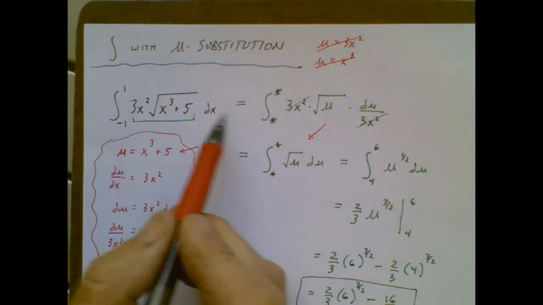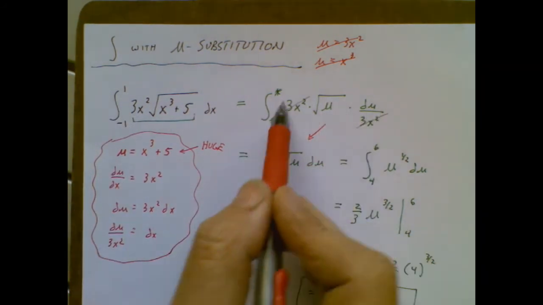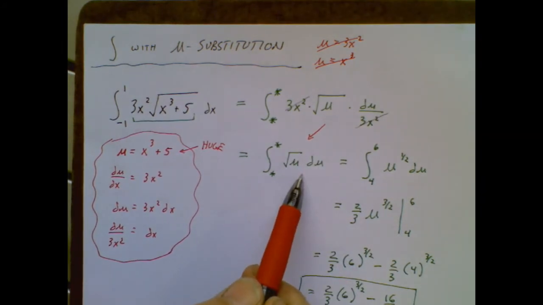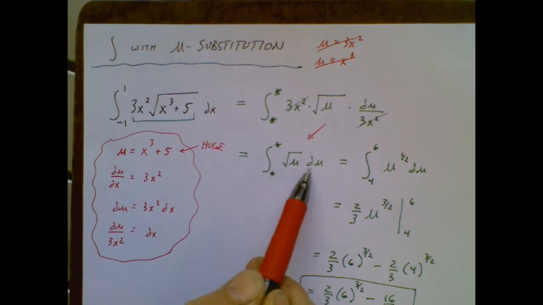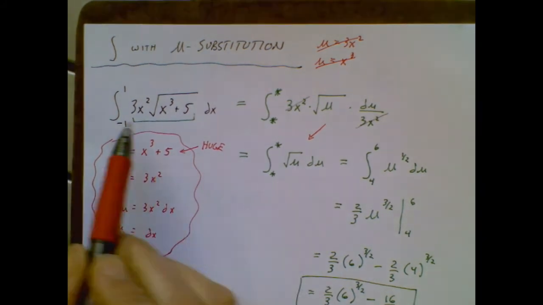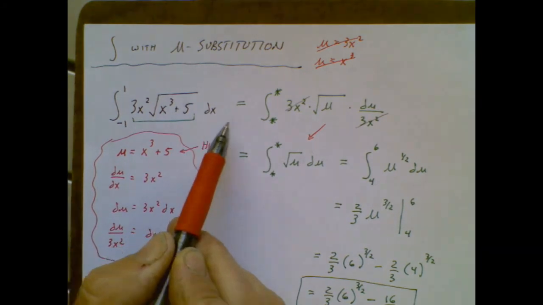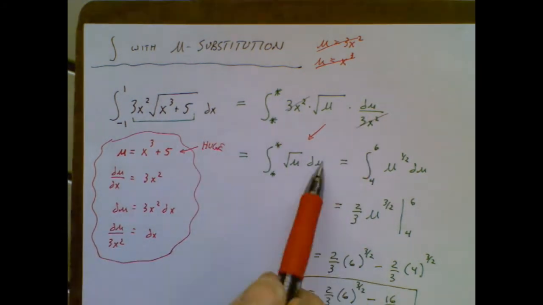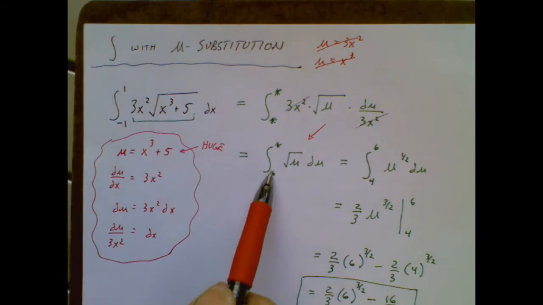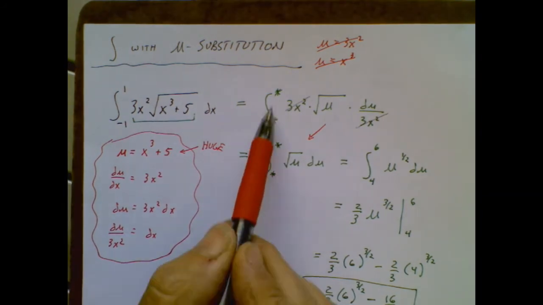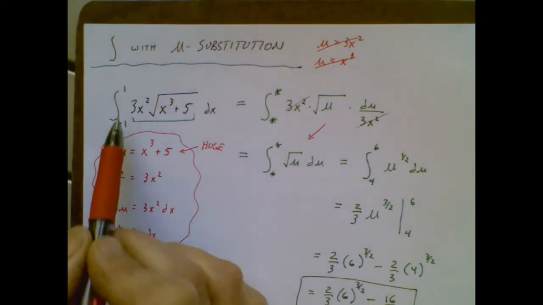As I travel along to this step and this step, notice that I no longer have x as my variable. I have u as my variable. So these limits of integration, which had allegiance to the x, now will not have allegiance to the u. I need new limits of integration that pertain to the u. So that's why I put the asterisk there, because I know I can't use the x.